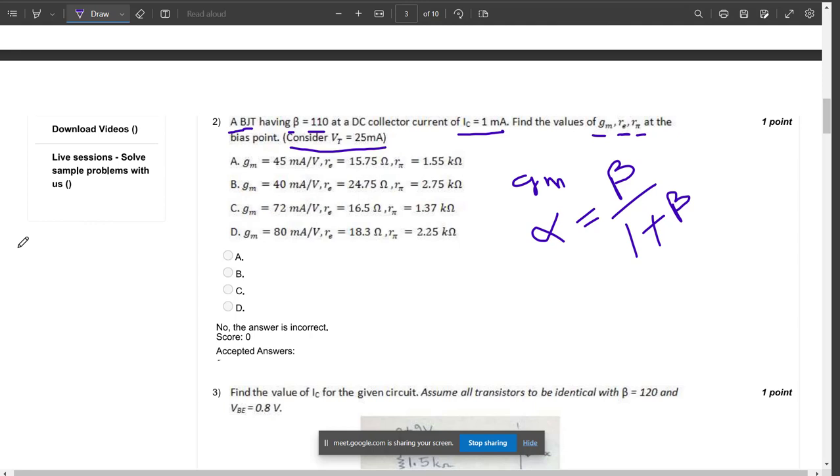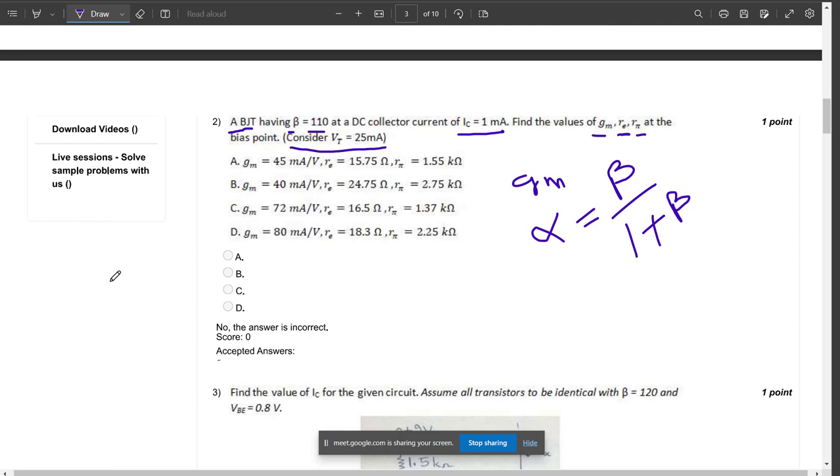That is correct. But how will you find IE? First, using beta we can calculate alpha, or otherwise we can approximate IC equal to IE. Okay, then we can find out.